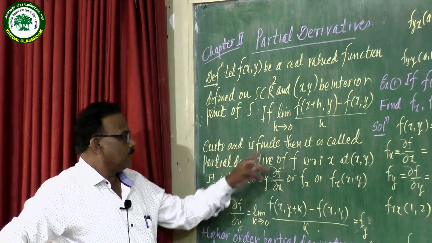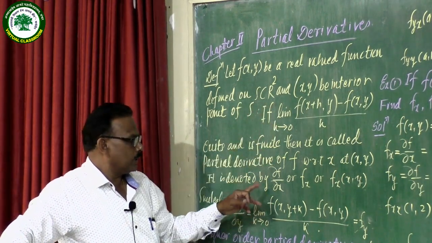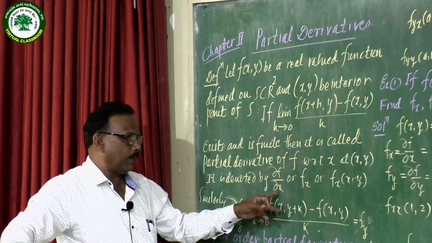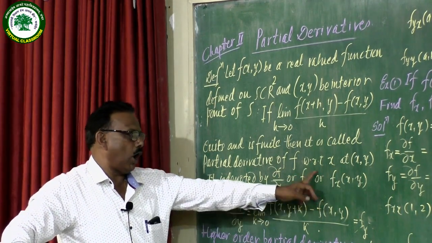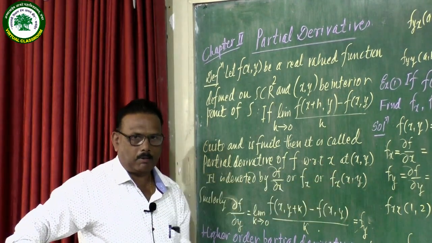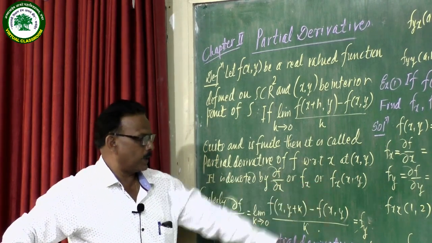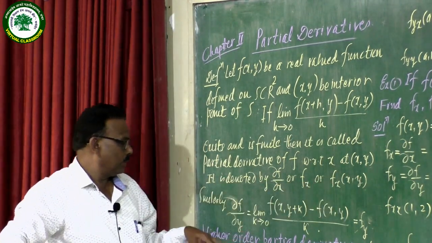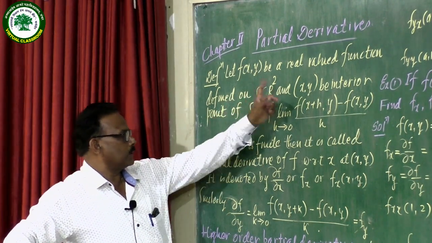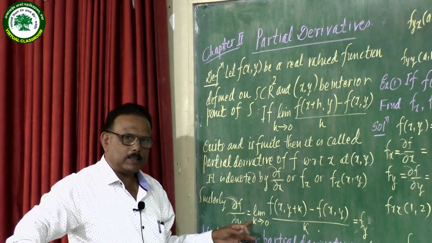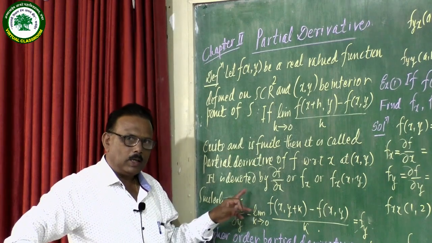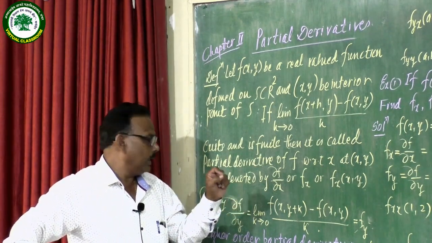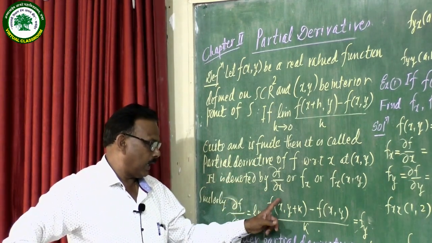Okay. And this partial derivative is denoted by del f by del x, or f_x, or f_x at (x, y). There are three notations for partial derivatives, and you can use any of them easily. Similarly, for the partial derivative of the function with respect to y, here there is a change in y only. Here x is treated as constant, therefore x remains as it is.